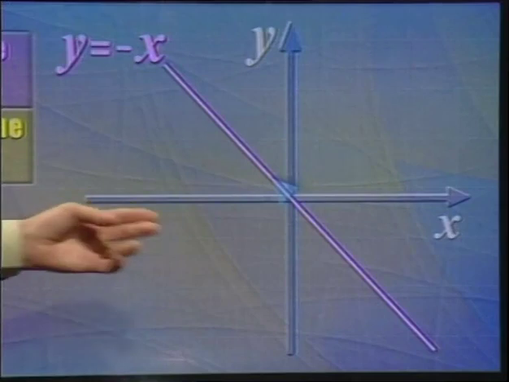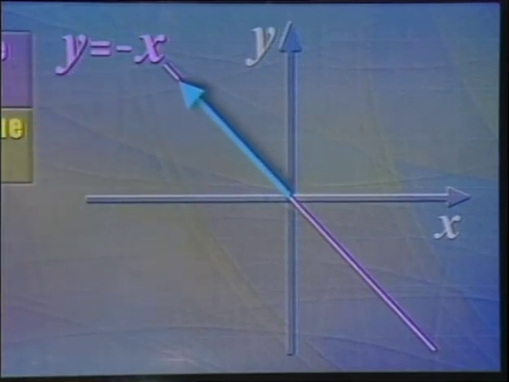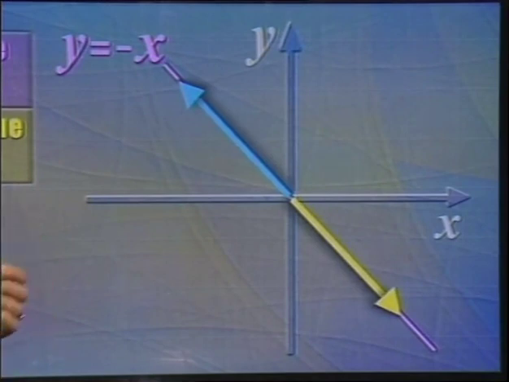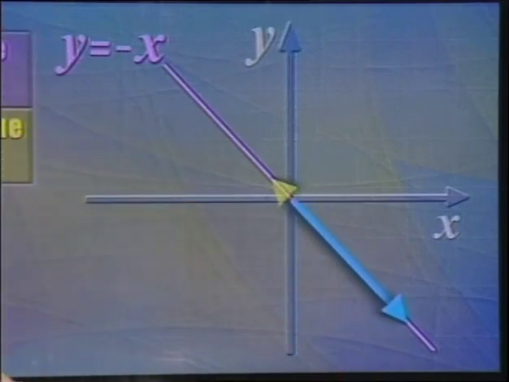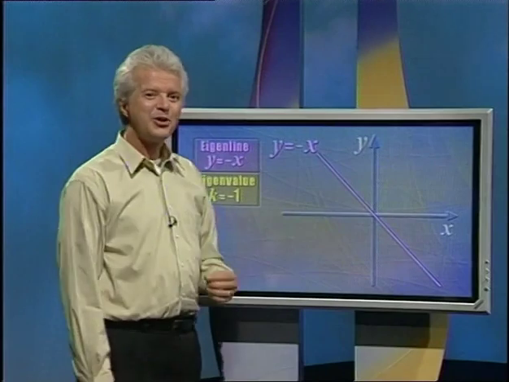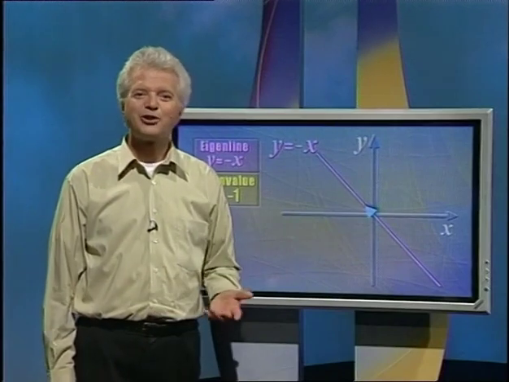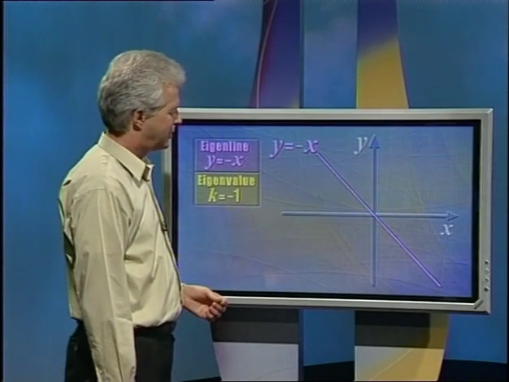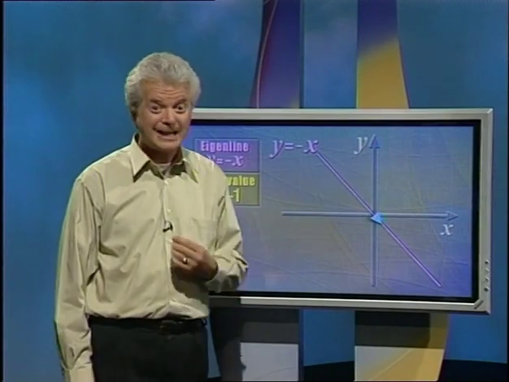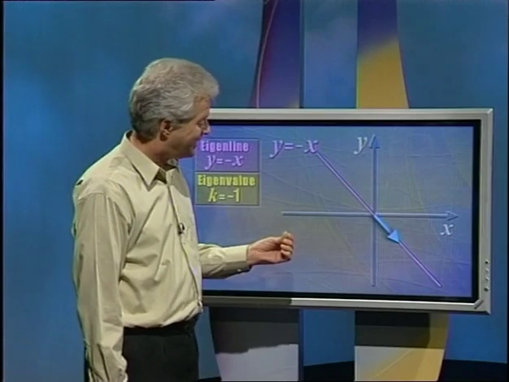A vector like this would simply end up like this. Opposite direction, same size. And one originally in this direction would end up like that. So in this case, an eigenvector is any vector along this line. For example, -2, 2. Or perhaps the one that's arithmetically simplest, 1, -1.